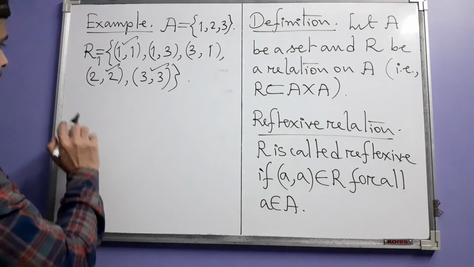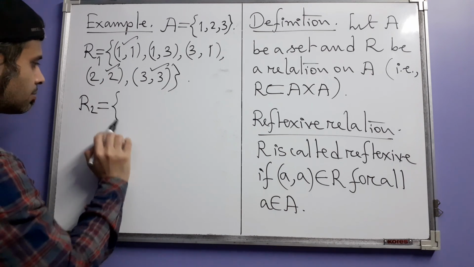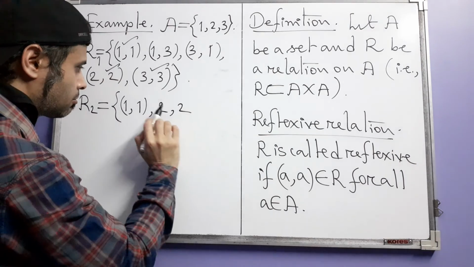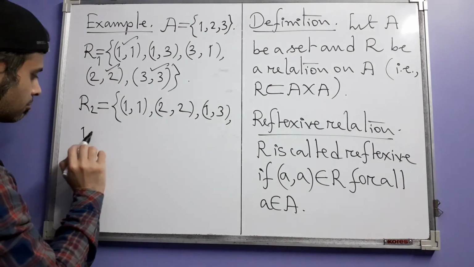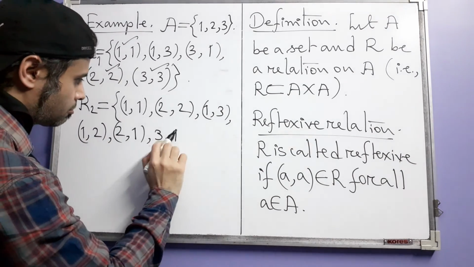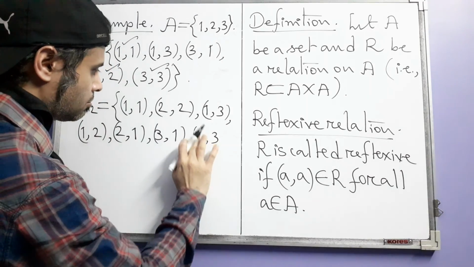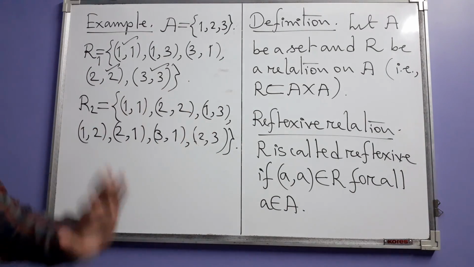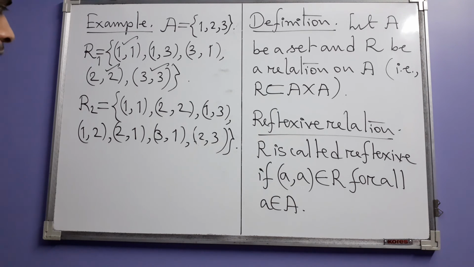But you see another relation R2 on the same set. So many elements are there from A times A, from the Cartesian product, in R2.